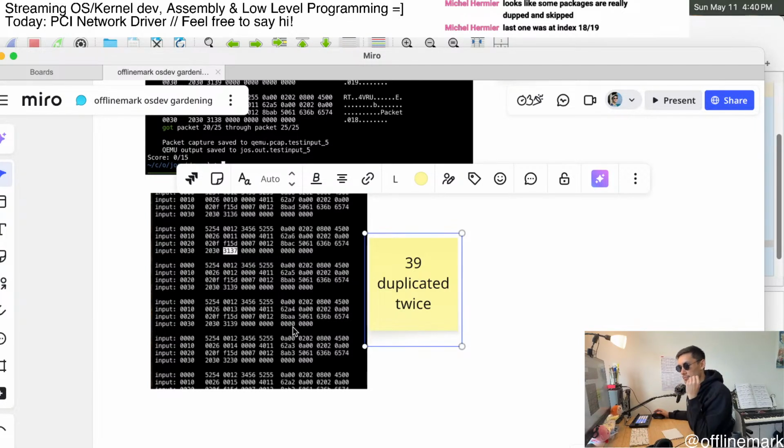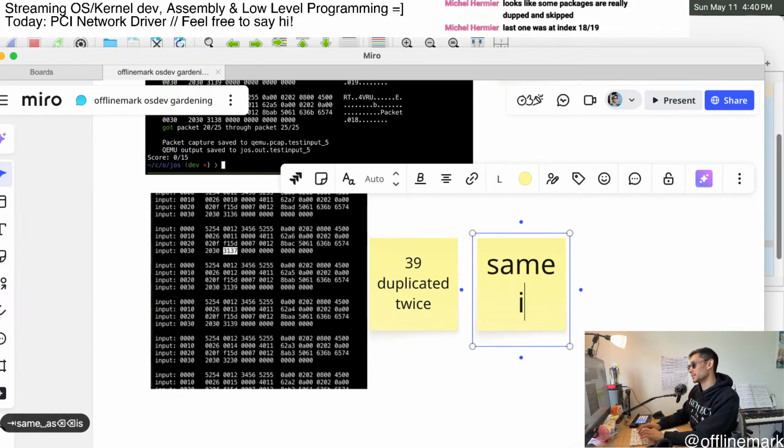So yeah, Michal, I believe you're right. Some packets are really duped and skipped, in a non-deterministic way.